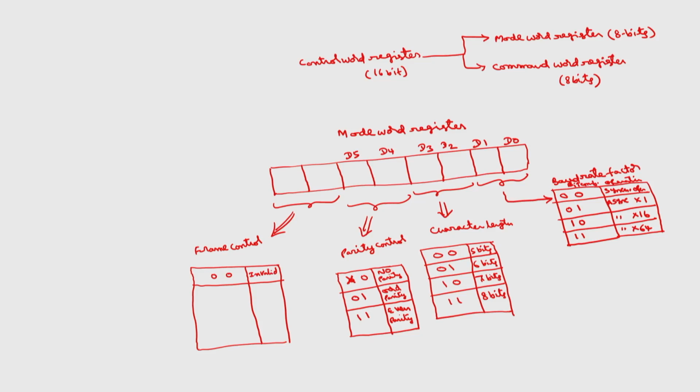In case of synchronous, where the stop bits are not required, probably this can use 0 0. 0 1 means one stop bit. 1 0 means 1.5 stop bits, so this is 1.5 periods of the clock. 1 1 is 2 stop bits. In the earlier example, you have taken 2 stop bits.